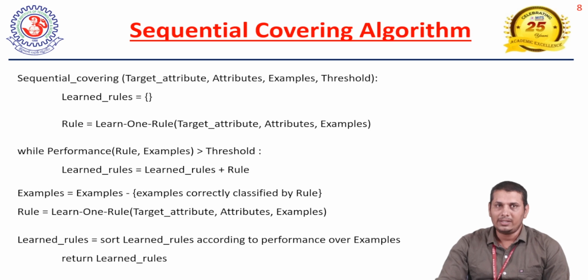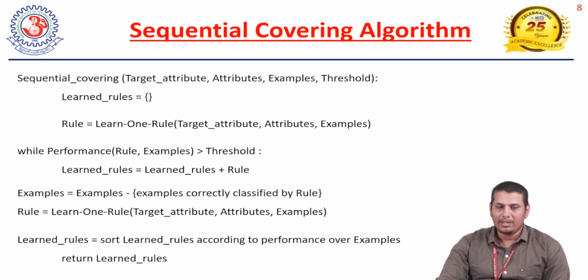So always the value of this statement will become true. If this one becomes true, then I need to consider the first output as the best output or the best resultant. So learned rules is equal to learned rules, whatever rules I obtained, plus a rule. Okay, so this is my threshold value now.